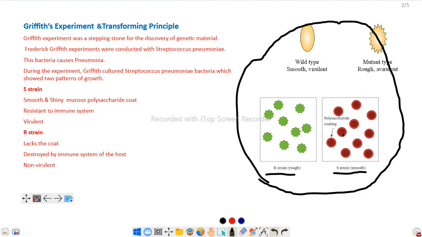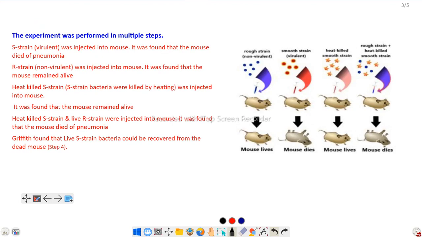So let us discuss what Griffith did in his experiment. First, Griffith took the S strain and injected it into a mouse, and he found that the mouse died of pneumonia. As we discussed in our last slide, the S strain is resistant to the immune system and it is virulent.